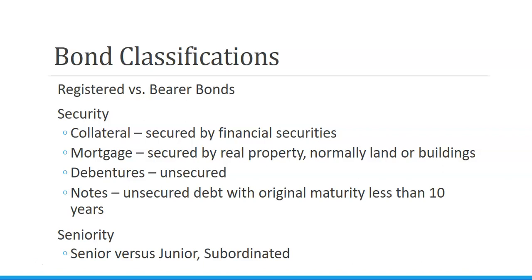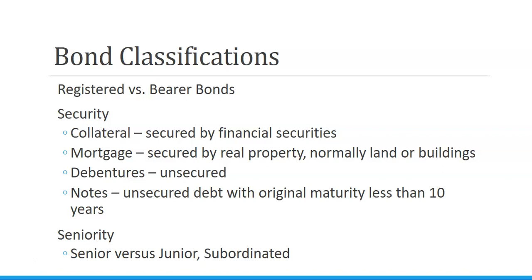And then we have senior versus junior bonds and types of subordinated bonds. Seniority tells us if there's a preference for paying off over other lenders.